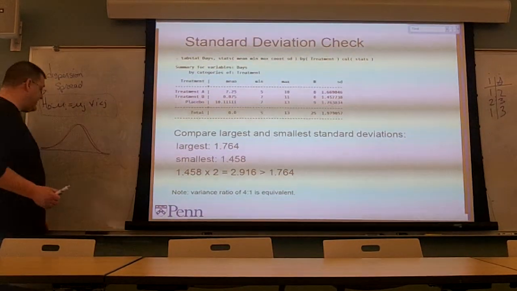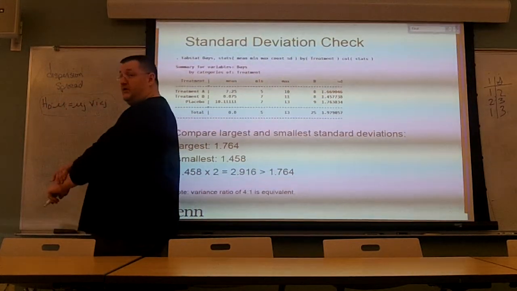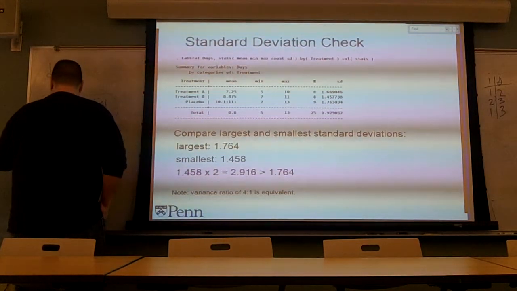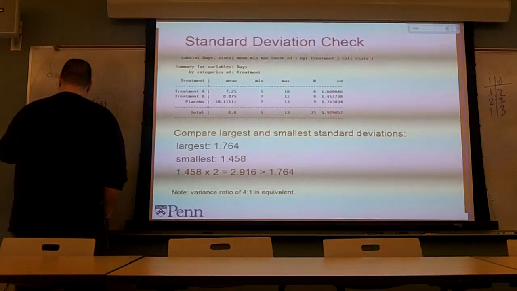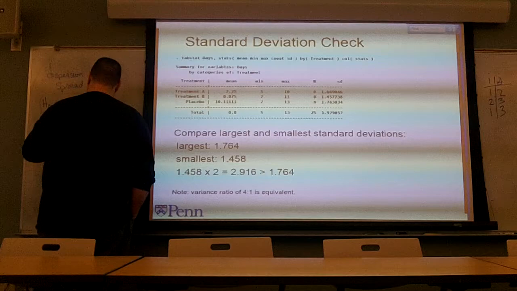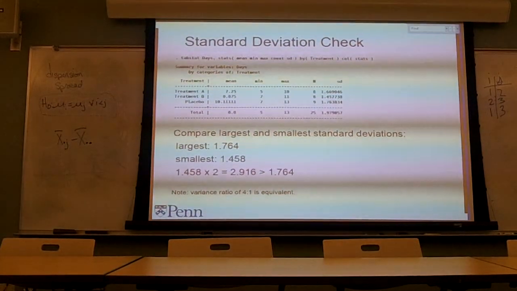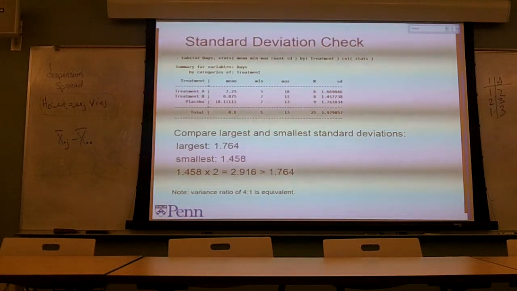So let me write that down for you in an equation, and you tell me if it looks familiar. So I have some group mean. I want to see if it's different from the grand mean. What does that look like?